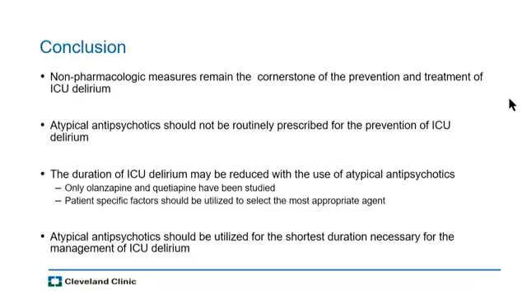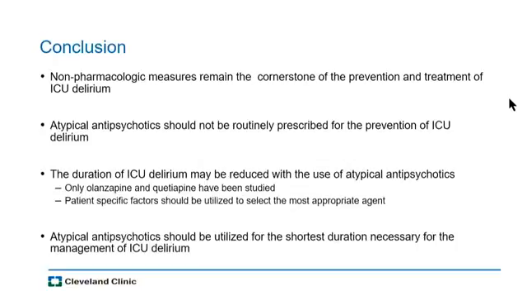So in conclusion, I still think that non-pharmacologic measures are still the cornerstone of management of ICU delirium. However, I think that the duration of ICU delirium may be decreased with the use of atypical antipsychotics, especially if we use them early in patients. We need to consider patient-specific factors in terms of which agent to select.